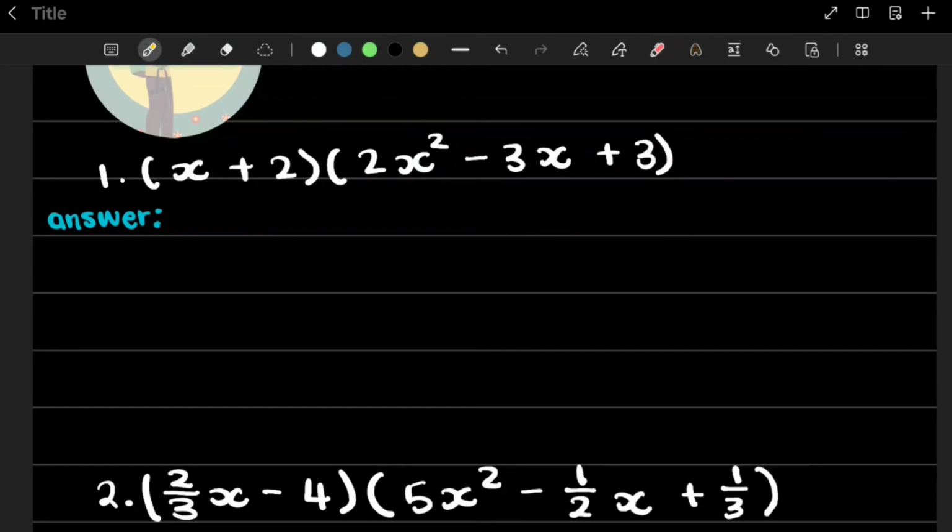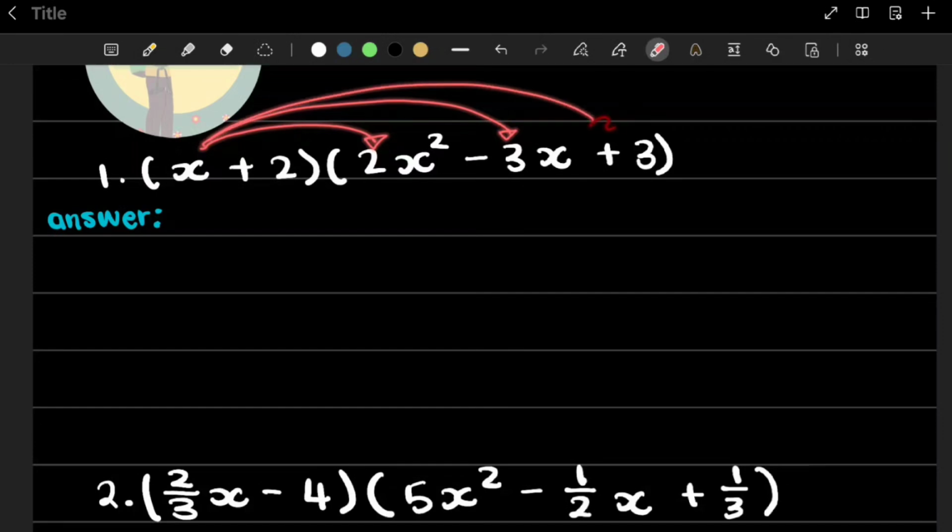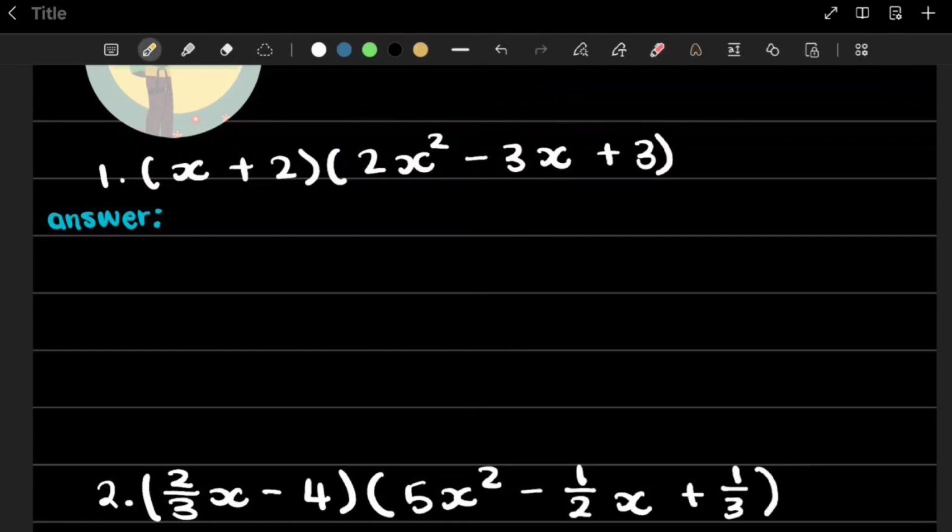Now that that's clear, let's start. What you basically need to do is take the first term and multiply it with everything in the second term. So every term in the second bracket, you multiply it with that. And if we had to do it practically, this is how we do it. x times 2x squared will give us 2x cubed. Why? Because remember, same base, exponents add.